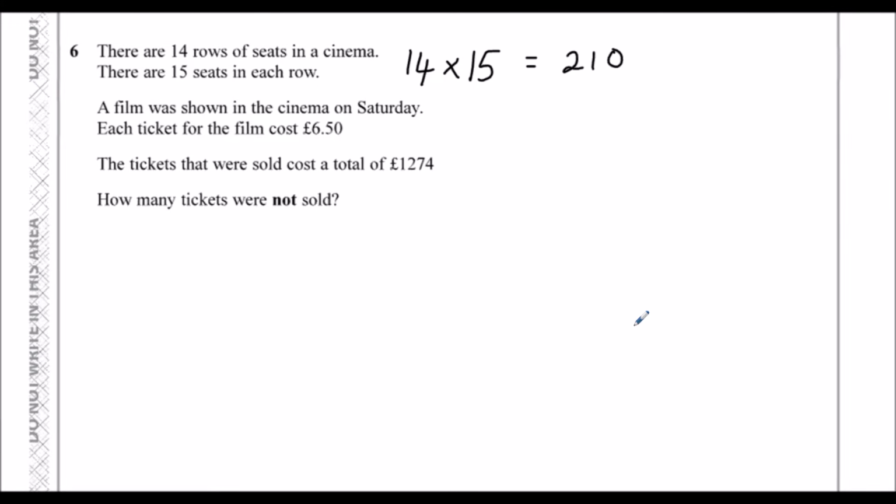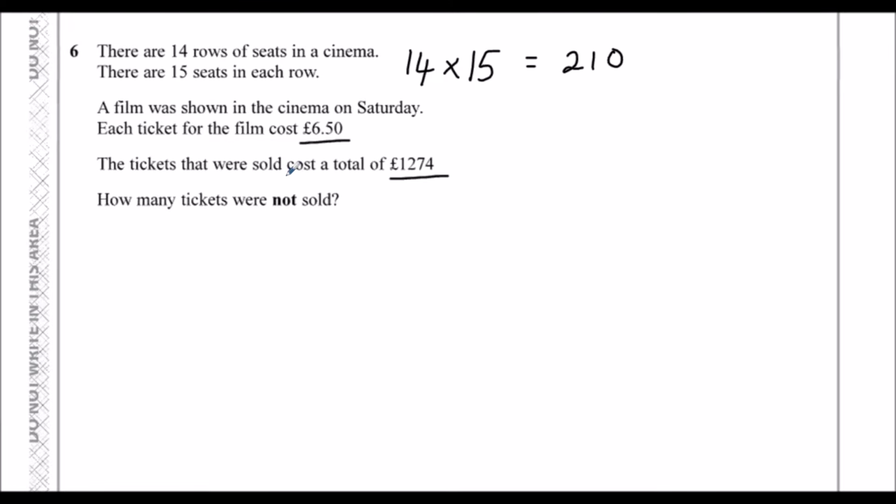A film was shown in the cinema on Saturday. Each ticket for the film cost £6.50. The tickets that were sold cost a total of £1,274. How many tickets were not sold? So £6.50 each, and the total was £1,274.